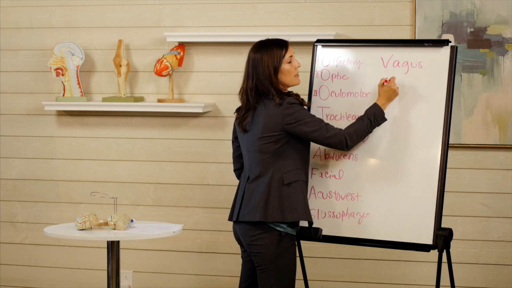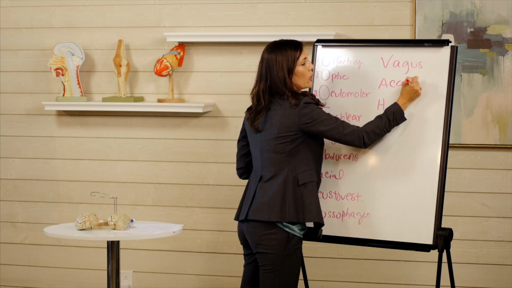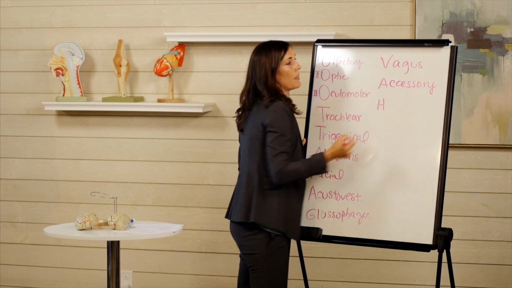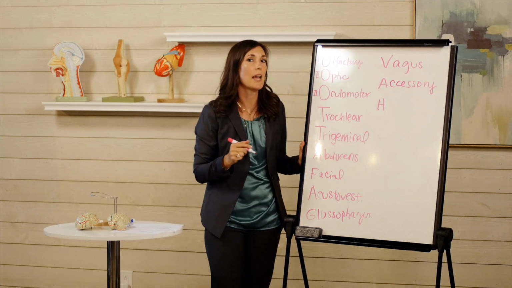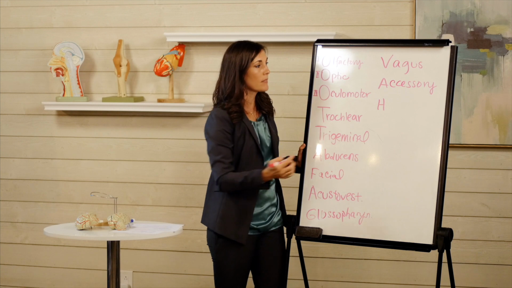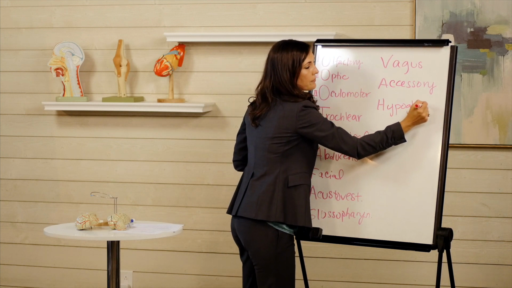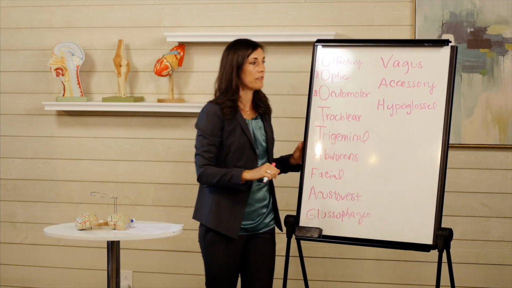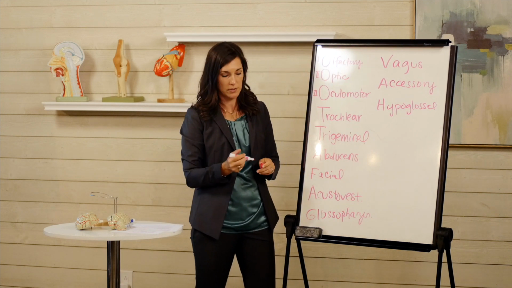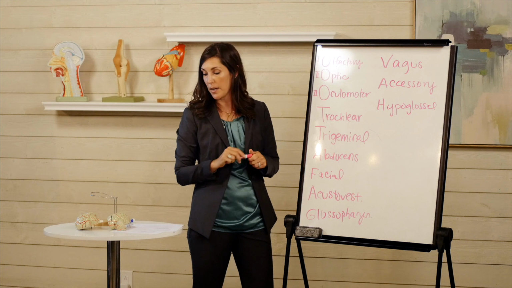Then we have our accessory nerve that deals with muscles of the head and neck, like your trapezius muscle. And then we have our hypoglossal nerve, hypo, under, glossal, tongue, and it deals with movement of the tongue.